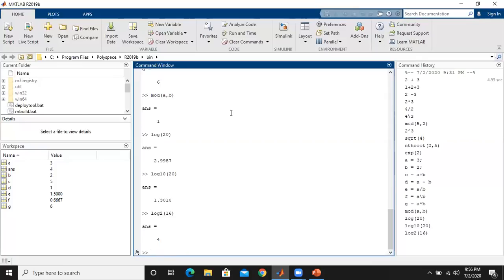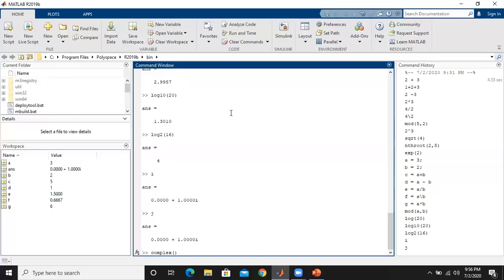Now we can also handle the complex numbers in MATLAB. So here, if I type I, I can get the complex representation as 0 plus 1i, that is I. Even if I type j, the answer will be same. So in order to represent the complex numbers in MATLAB, we can use either I or j. Now, the complex numbers can also be generated by using a built-in function that is complex.